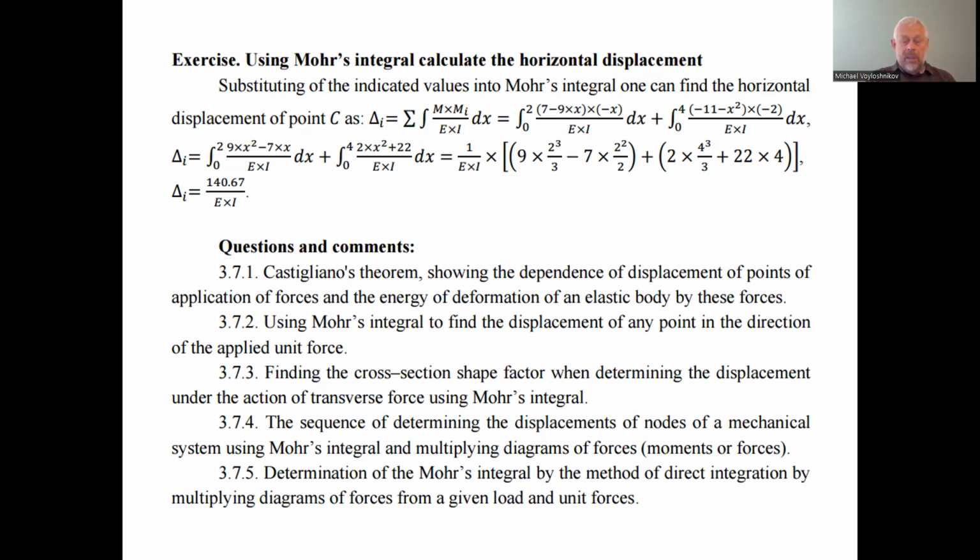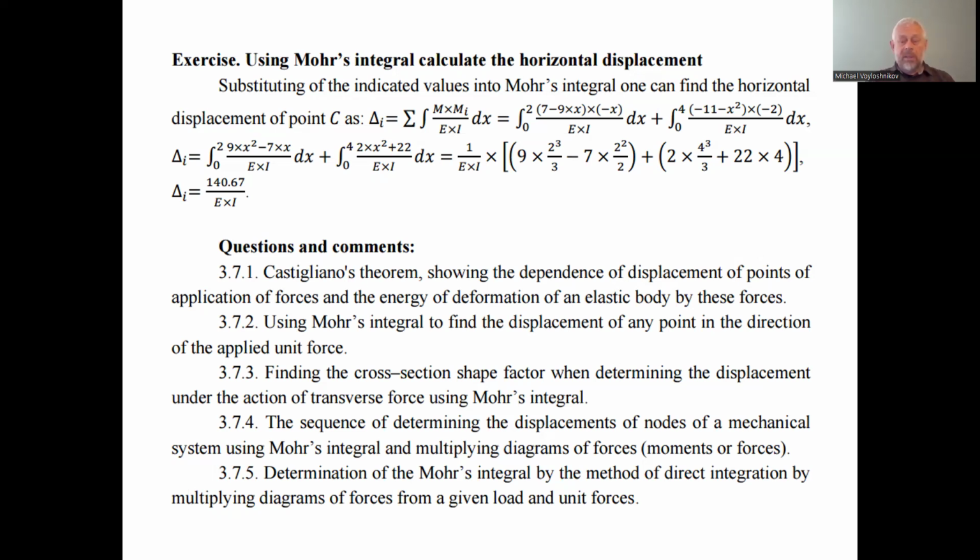After finding two diagrams, the action of the external load on the bending moments and the action of the external load on the force, transverse or longitudinal, not so important, in each different case we have to determine the mathematical equation of the Mohr integral using the first, the last, or any other summand, or the middle summand under the action of the shearing forces, and do the mathematical transforms with the Mohr integral and find the displacement.